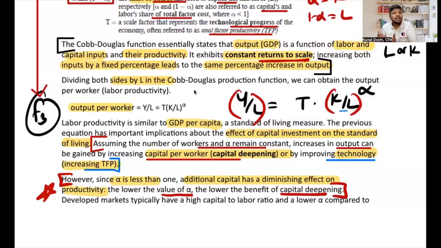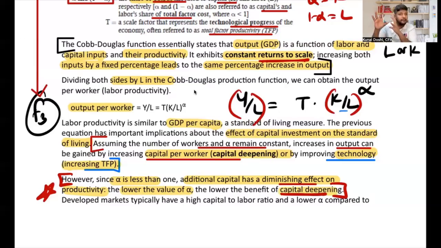So there, just by increasing capital, the economy won't grow. So they are saying additional capital has a diminishing effect on productivity. The lower the value of alpha means lower is the share of capital in the economy and more is the share of labor, the lower the benefit of capital deepening.